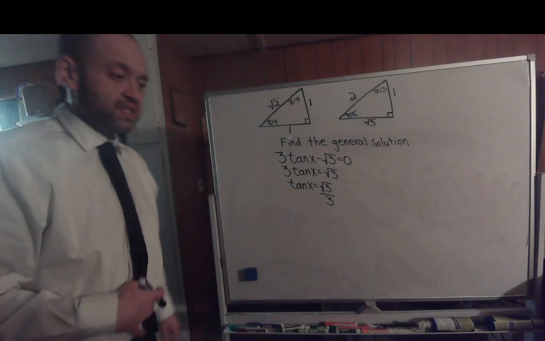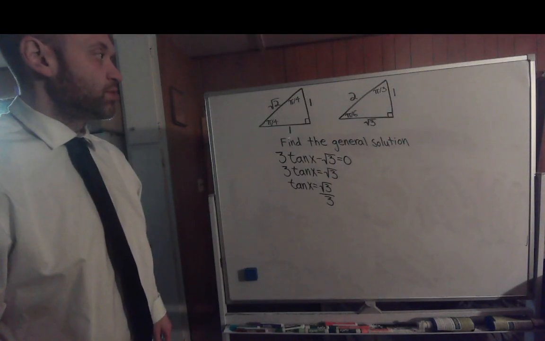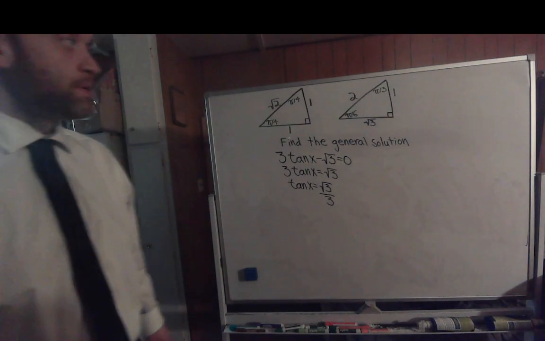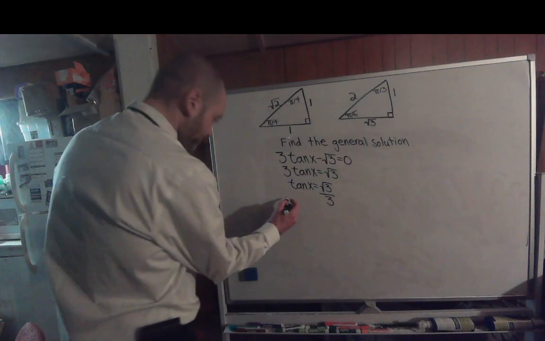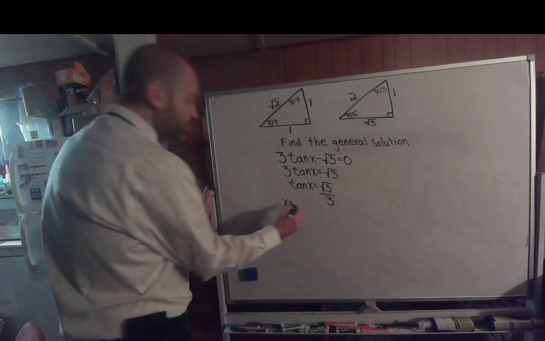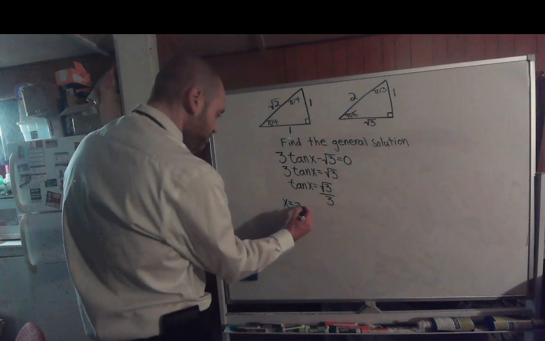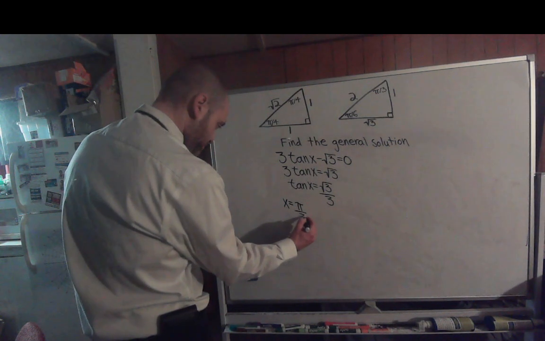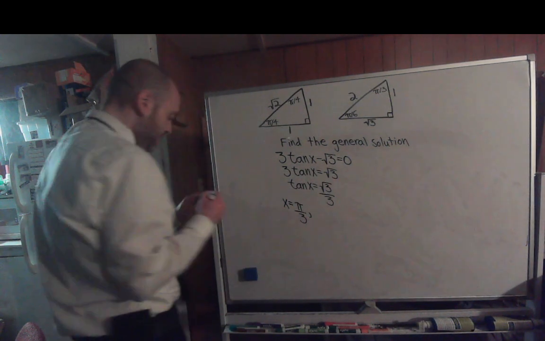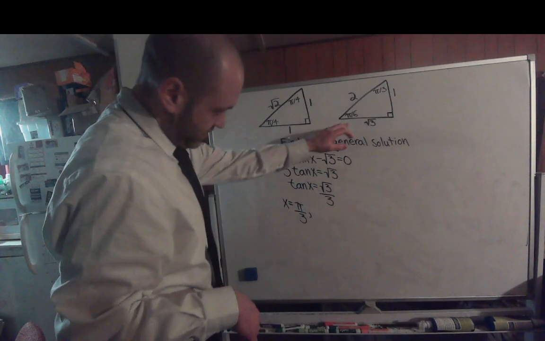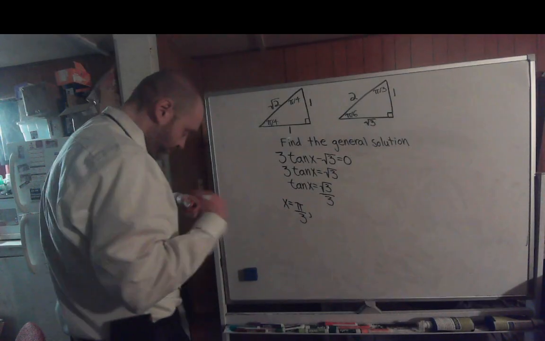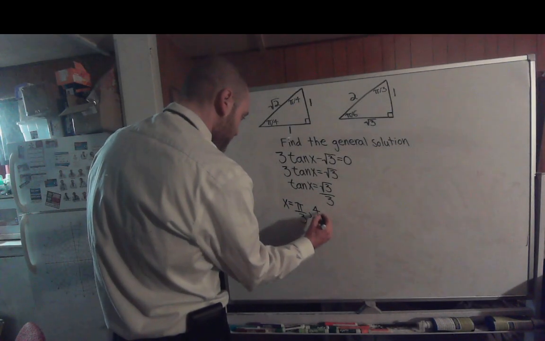Well, where does the tangent of x equal the square root of 3 over 3? At multiples of pi over 3, right? So in the interval from 0 to 2 pi, you'll have pi over 3. And then we know it's positive again in the third quadrant. So you would have 4 pi over 3.